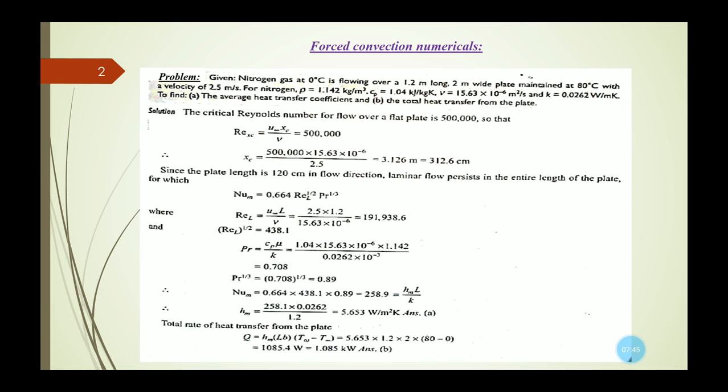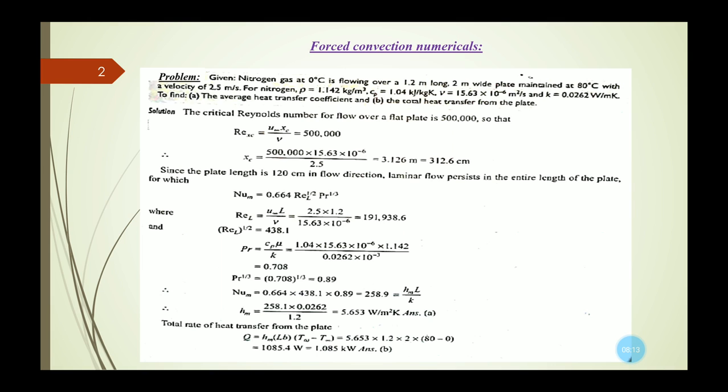Cp value is given in this numerical, 1.04 kilojoule per kg Kelvin, and k, which is thermal conductivity, is given as 0.0262 watt per meter Kelvin. So putting all these values in the formula of Prandtl number, we have calculated the value of the Prandtl number, which is 0.708. So that means cube root of the Prandtl number is 0.89.